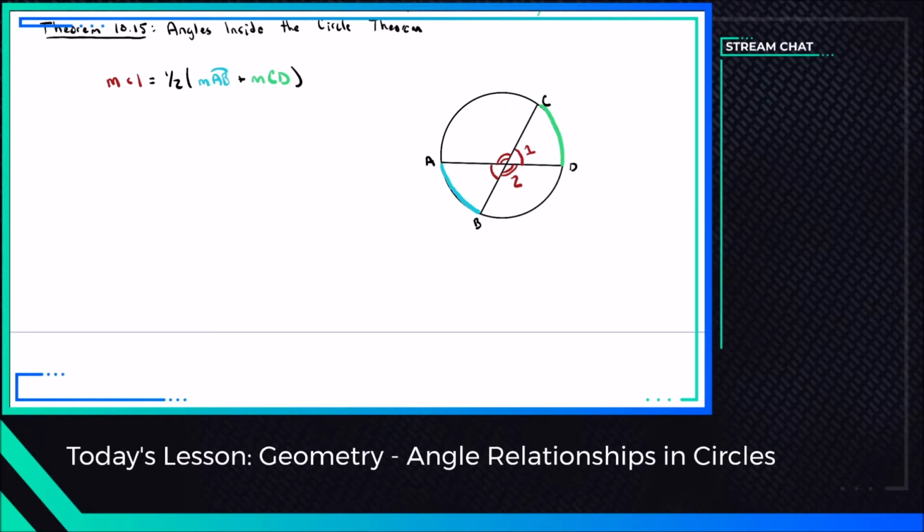So this angle 1 right here, both of them are equal to 1/2 of AB plus CD. And the measurement of angle 2 is going to equal 1/2 of the measurement of arc AC, so that's this arc right there, plus the measurement of arc BD.